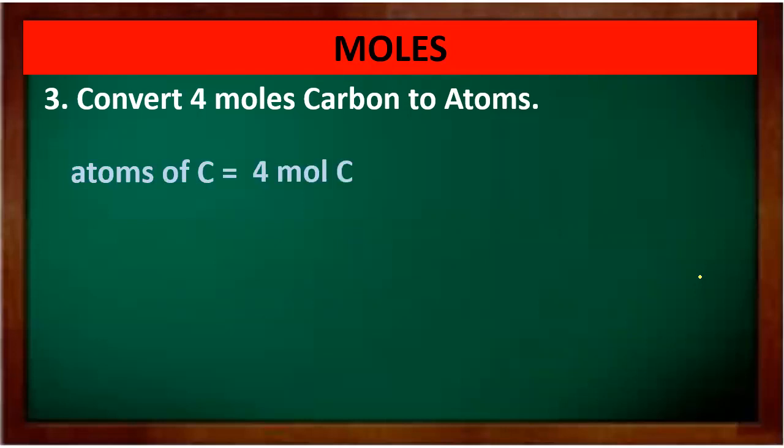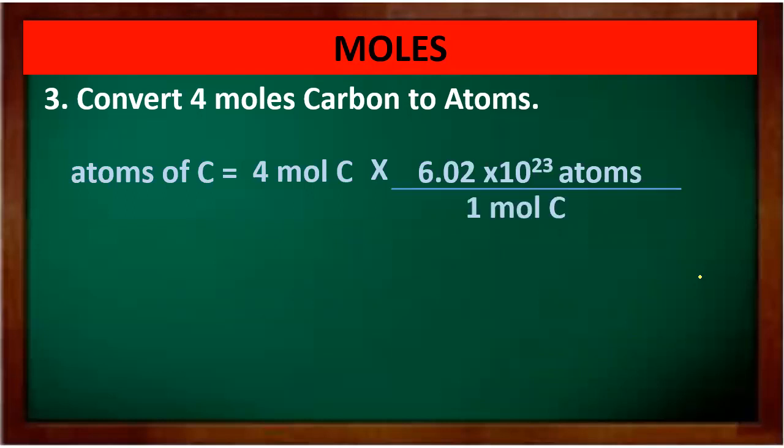So, meron tayong 4 na moles of carbon times, i-multiply natin si 6.02 times 10 to the power of 23 atoms for every 1 mole of carbon. So, para ma-cancel out natin yung unit natin, moles of carbon din.